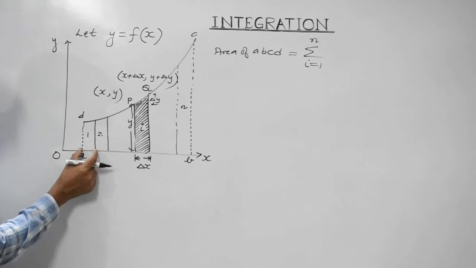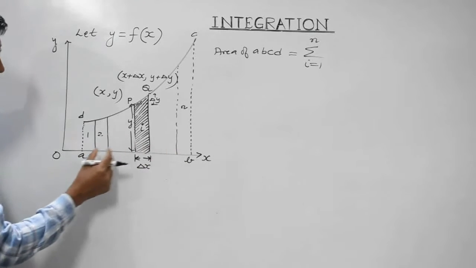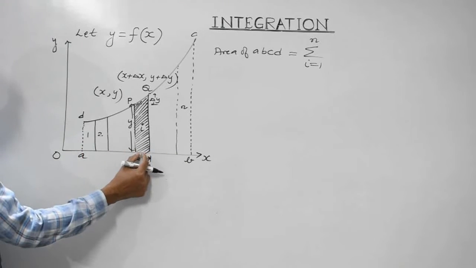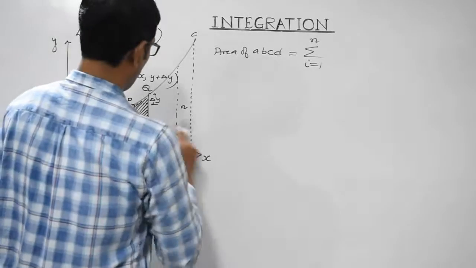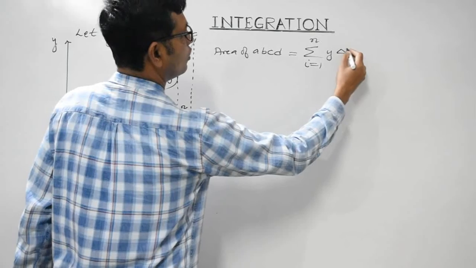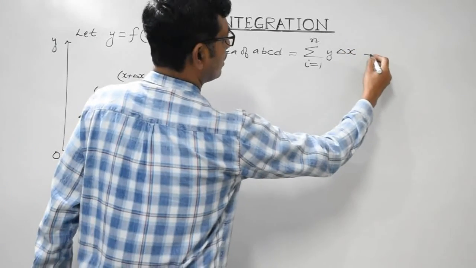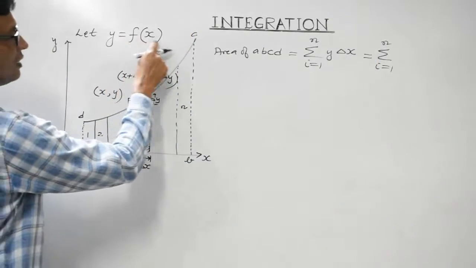We are dividing it into very small width rectangular strips, so these two points lie very close to each other, and the thickness may be considered to be y. So the area of this portion will be y into del x. Further it can be written as summation i equals 1 to n. What is y? It is f(x).